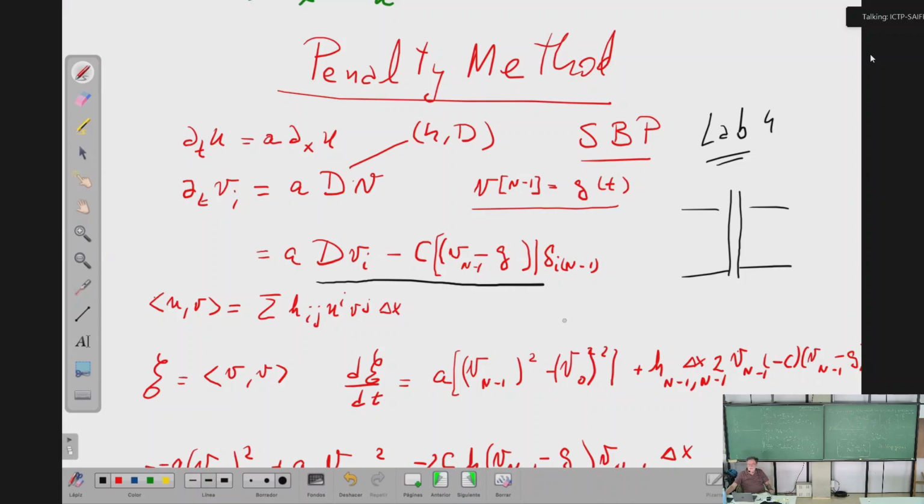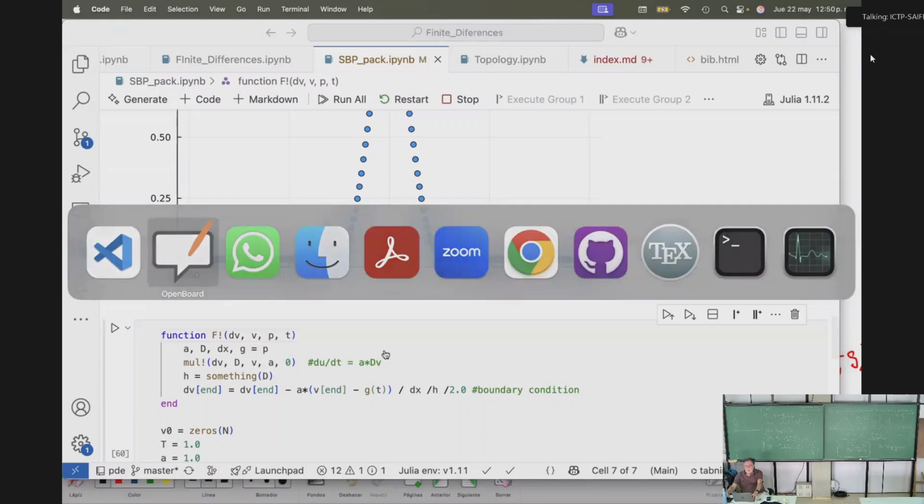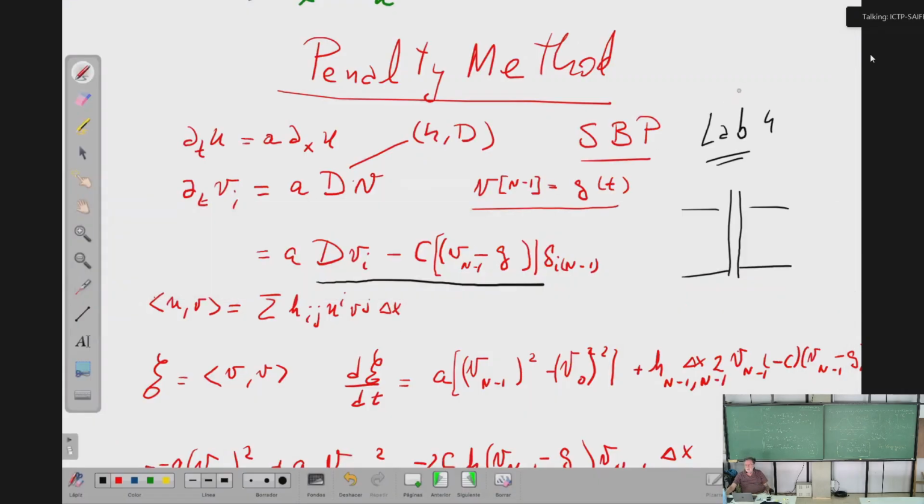So I will finish this notebook I was doing. This notebook I will write it, okay, and I post it so you can use it. But in this lab, you will have to create these D operators.